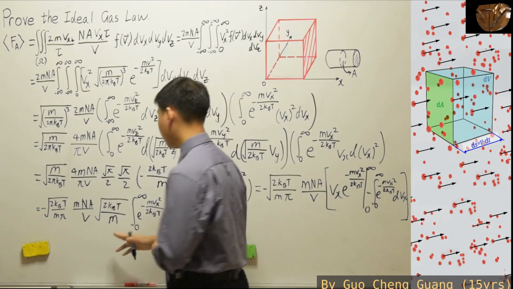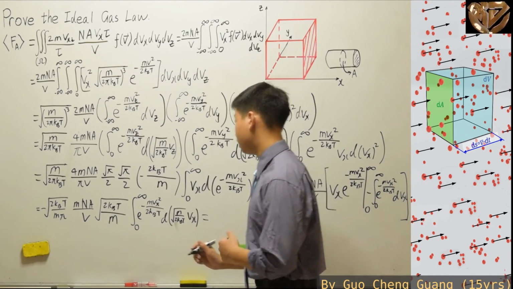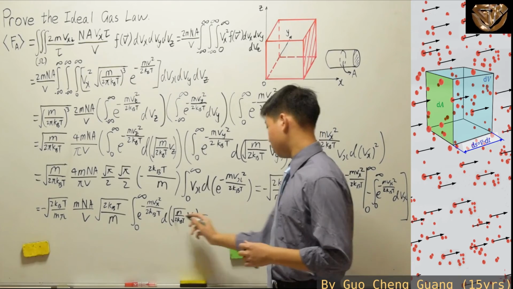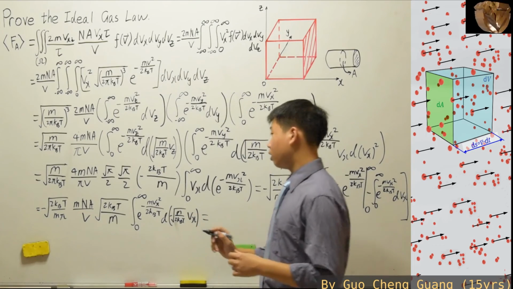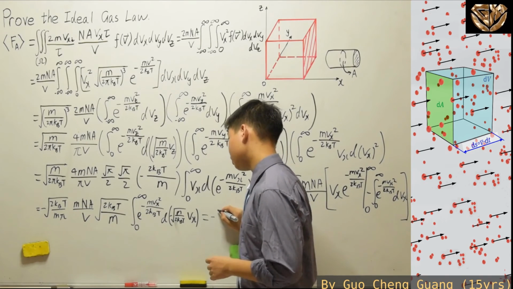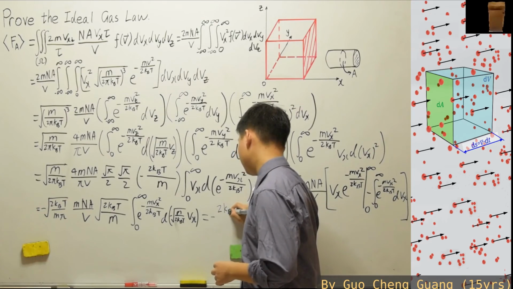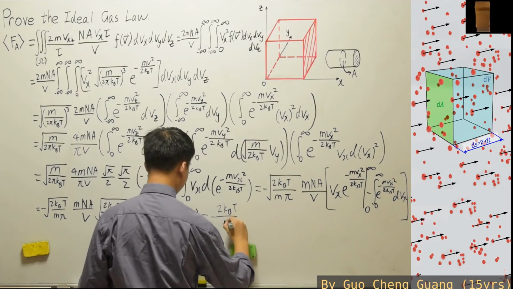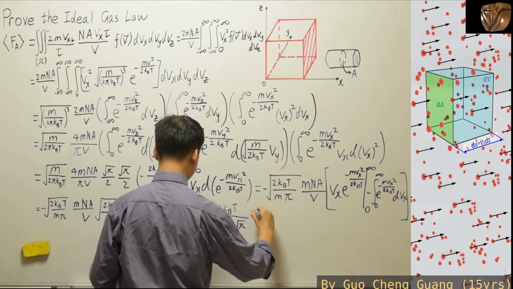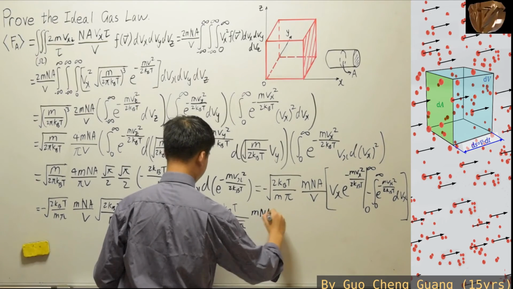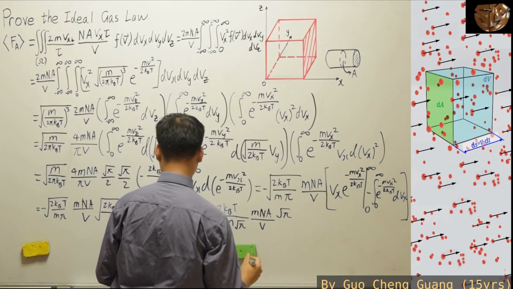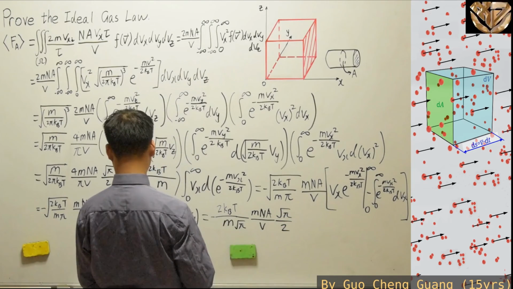So, square root pi over 2, again we could combine these two together to show, so, negative here. Alright, so combine these two and you're going to see negative 2kbt over m with a square root pi, m and a, well of course you can already cancel these two m's, over v times square root pi over 2.